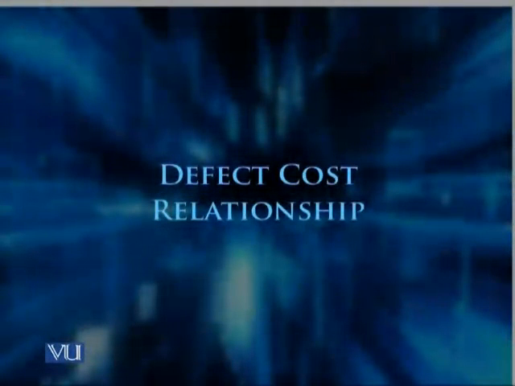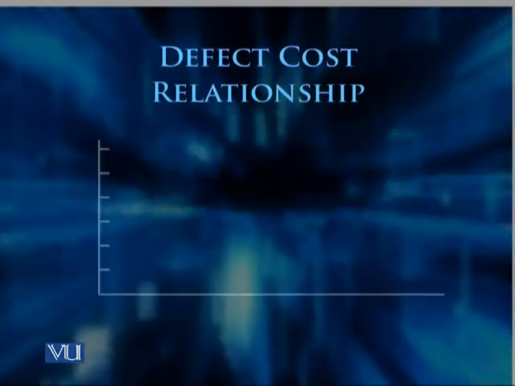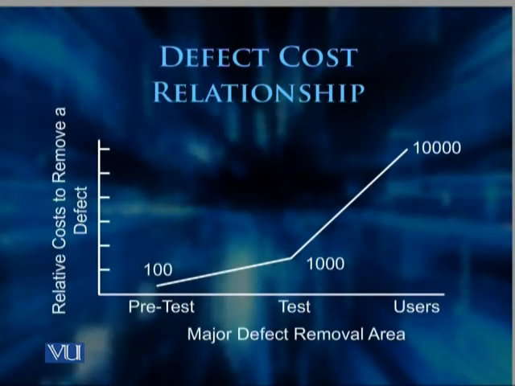Let's now look at the defect cost relationship that I've been talking about. Here you are seeing the defect cost relationship as a chart. You have the major defect removal areas: pre-test defect detection and removal, then test defect removal, and then defect removal by users. On the other axis you can see relative costs to remove a defect.